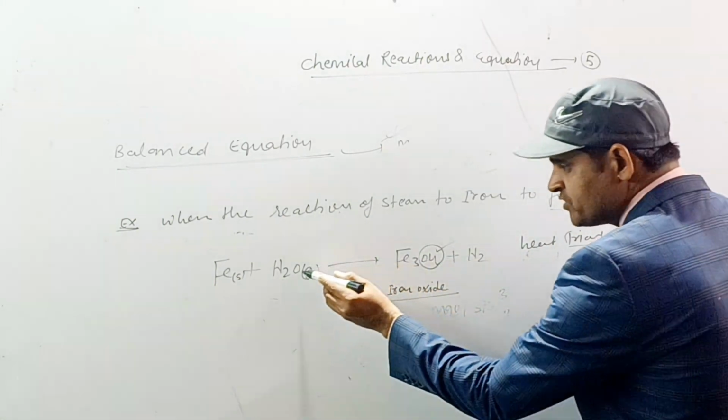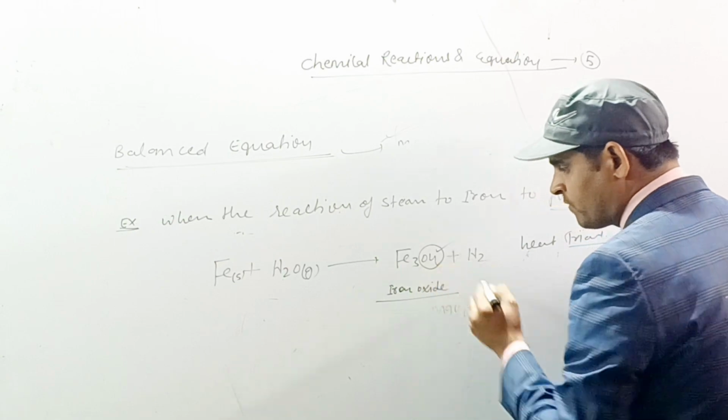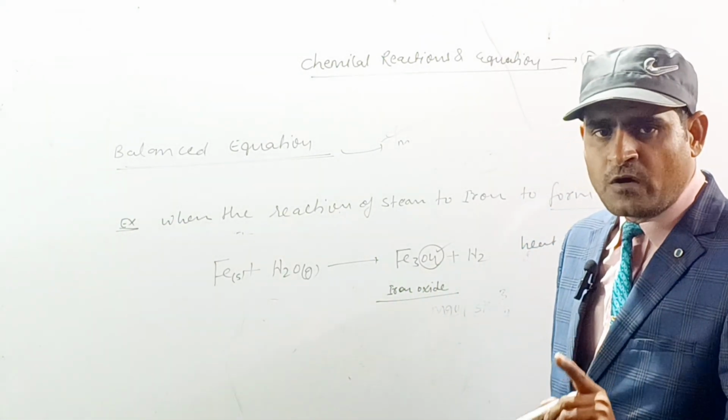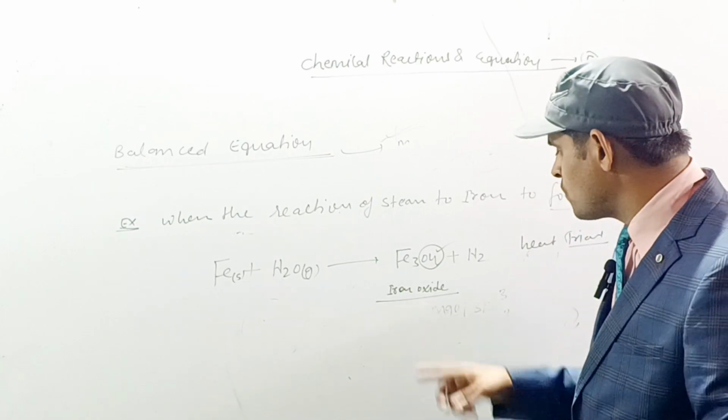Here it is 4, here it is 1, Fe 3 and 1. So we will first balance the atom found in the larger quantity, oxygen.